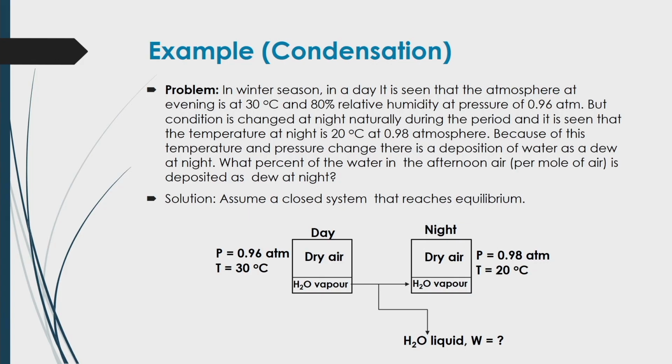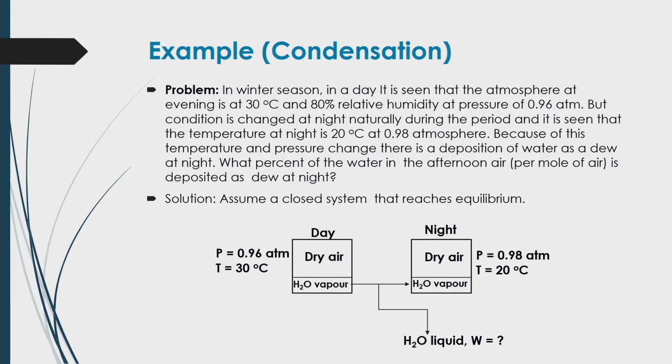Here the temperature is lowering, the pressure is increasing, and the relative humidity during the day is known, but the relative humidity at night you do not know. Let us see how to calculate how much water is actually condensing as dew at night at that particular condition.